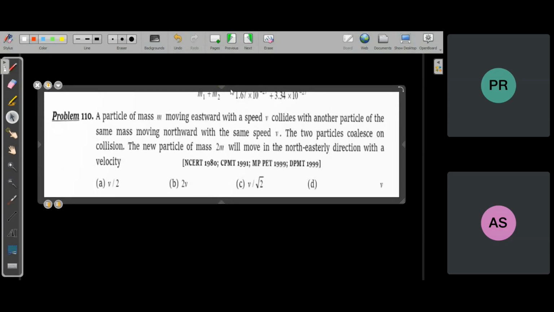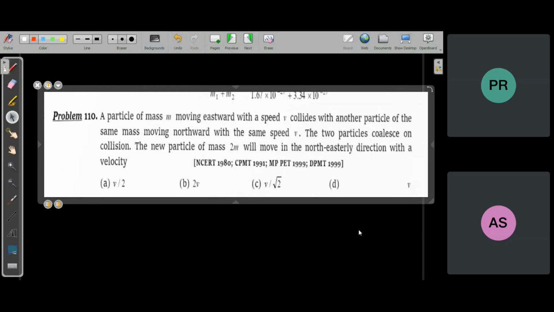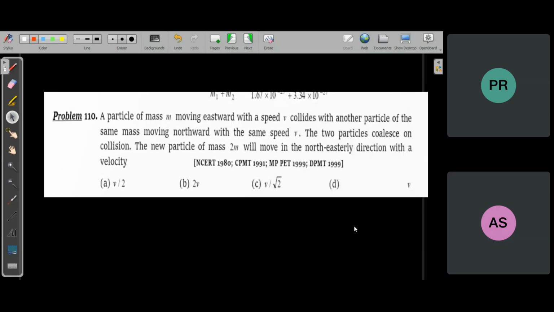Now try this one. A particle of mass m destroys the speed. Is this question a head-on collision or an oblique collision? The oblique, sir.